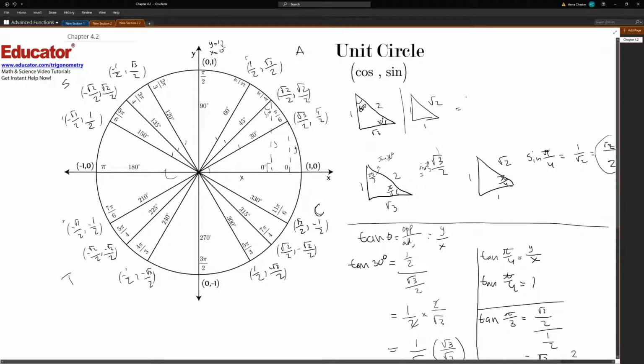You cannot have a 0 in the denominator. Therefore, it is not defined. It cannot equal something here. For pi, we actually get y equal to 0 and x equal to -1. What we get then is 0 divided by -1, which is 0. Therefore, tangent at pi is equal to 0.